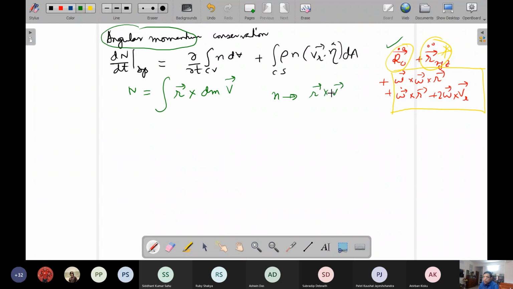Okay. So now for the inertial reference frame, it is very straightforward. So you replace the left hand side with the rate of change of angular momentum.